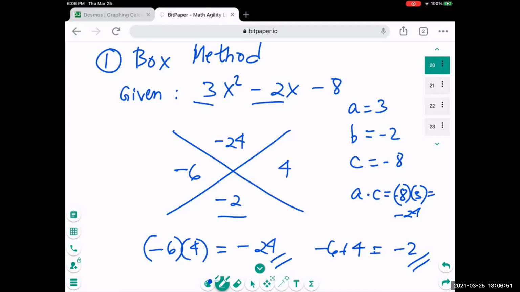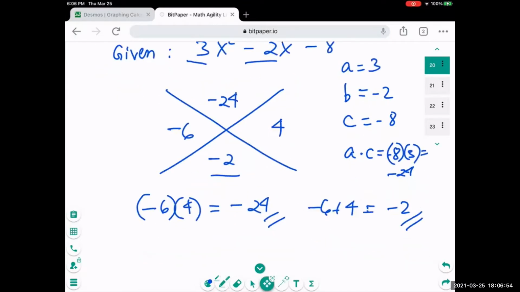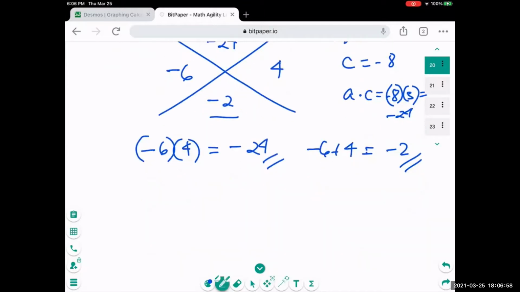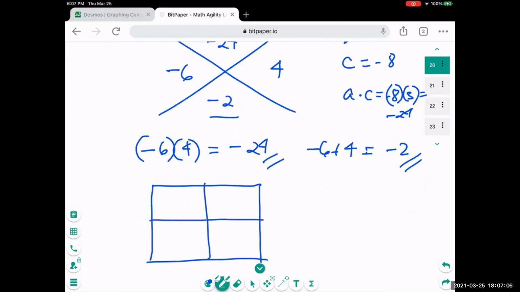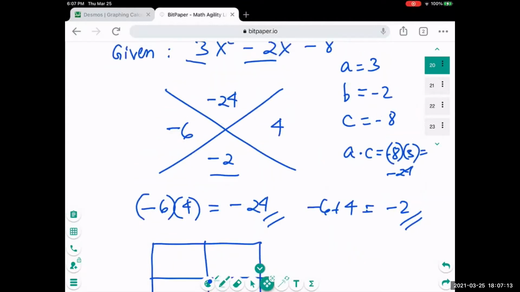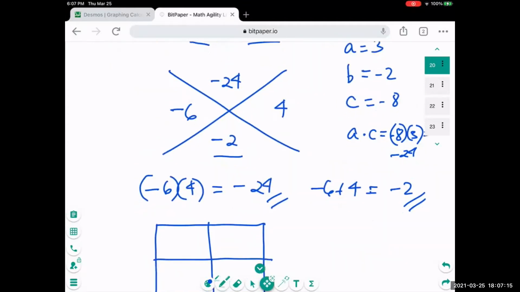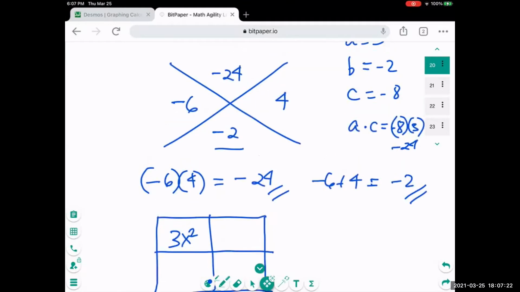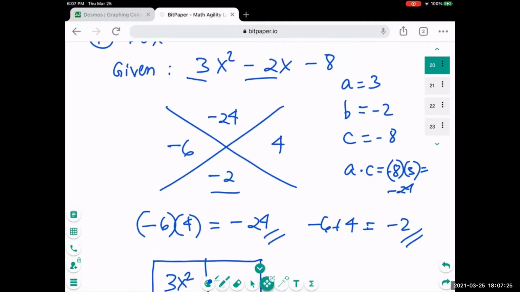So let's make our box. Because it's the box method, right? So we draw the box and divide it into 4. So in the first box we write our first term, which is 3x squared. And in the last part, the bottom part, is the third term, which is negative 8.